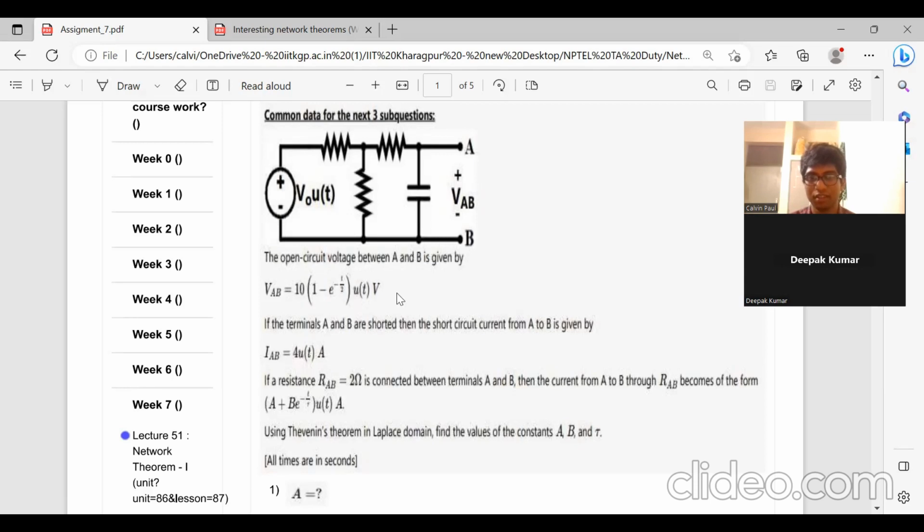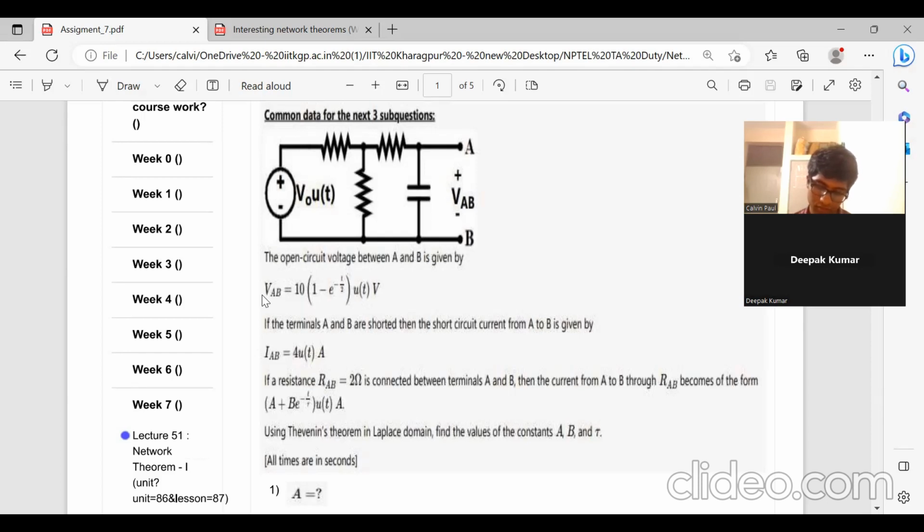Find the Laplace transform of VAB. It will be 10 by s minus 10 times 1 upon s plus 1 by 2.